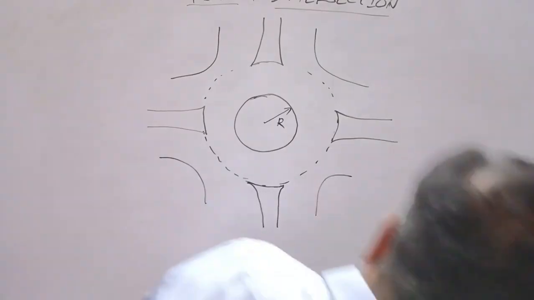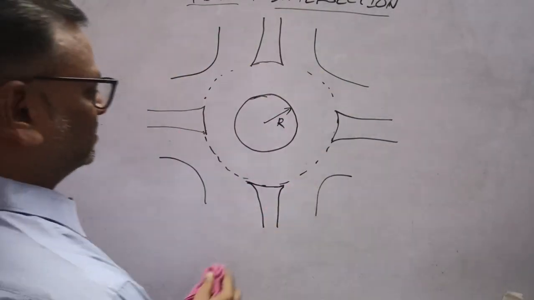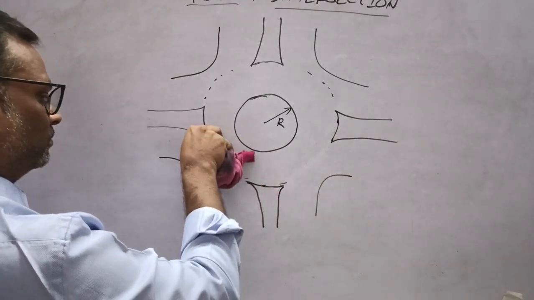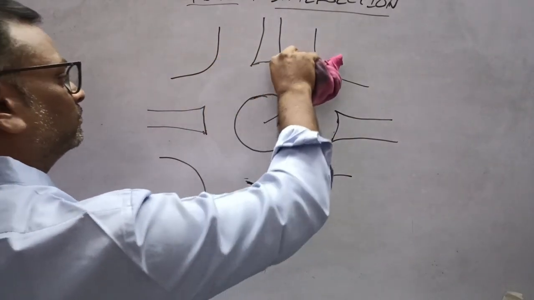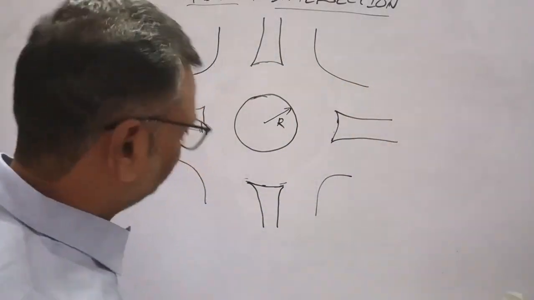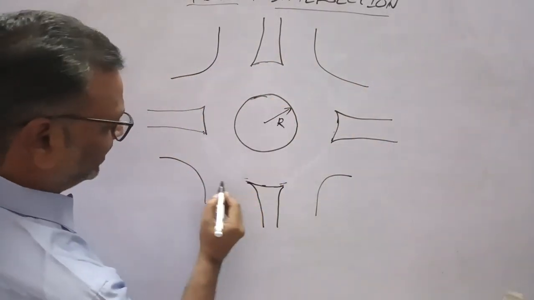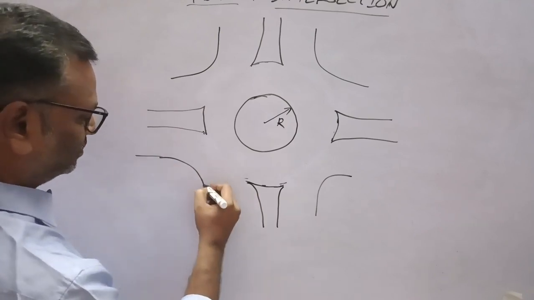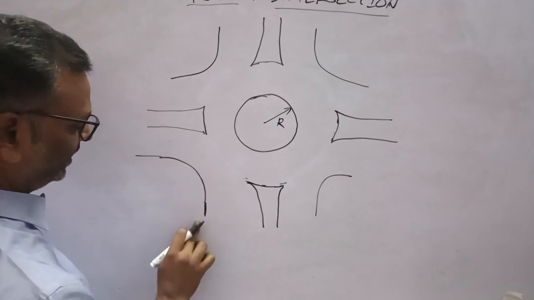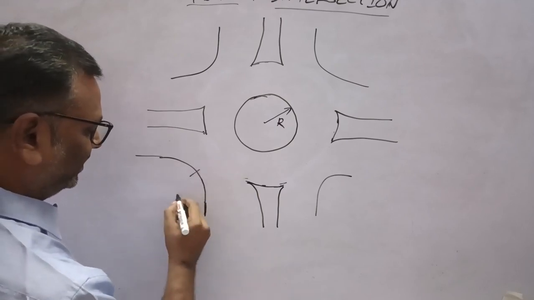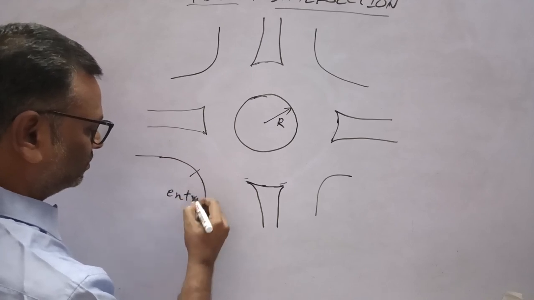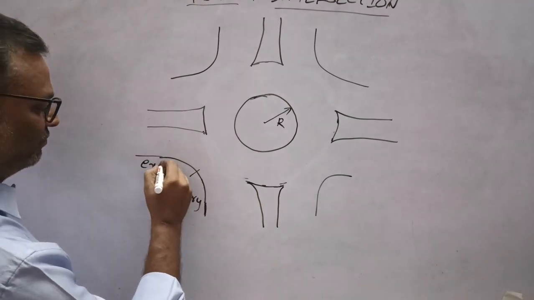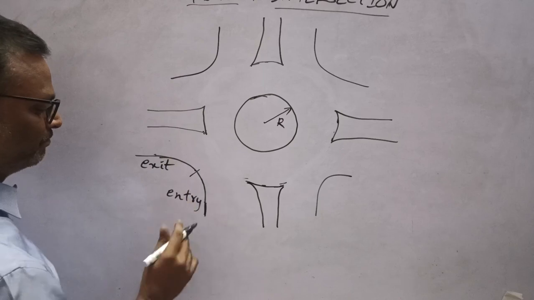Right? This is an inscribed circle. And we have entry radius. This is a combination of two radii, that is entry radius, the curve of this one, and we have exit radius.